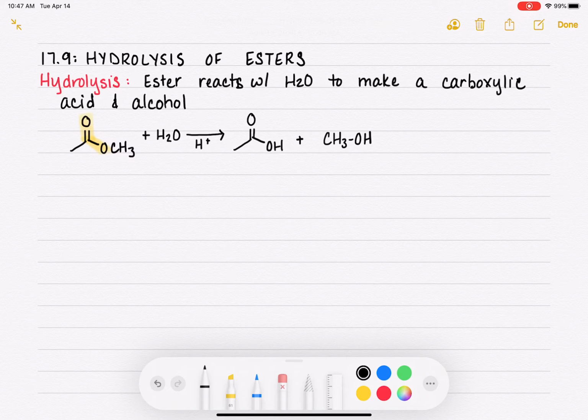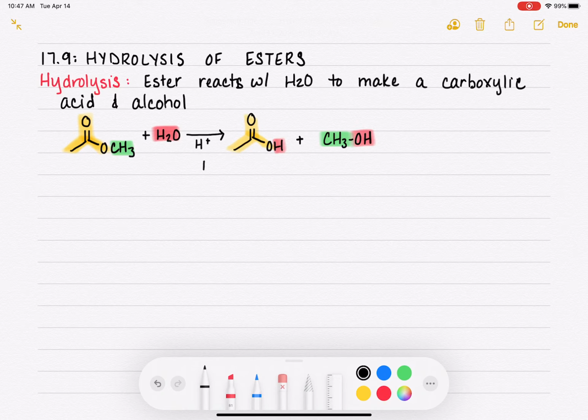And let's do some color coding here. So there is our carboxylic acid that we make right there, and the alcohol right there. And the water molecule, its hydrogen ends up right here, and the oxygen and other hydrogen end up over there. So that's kind of how this reaction works.